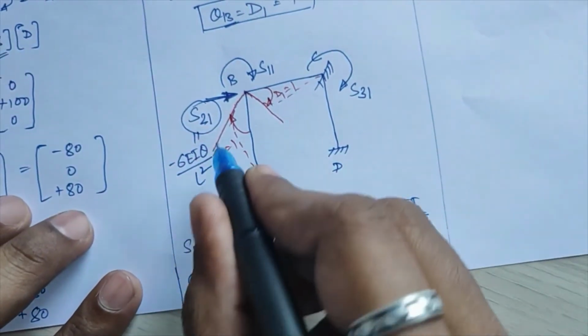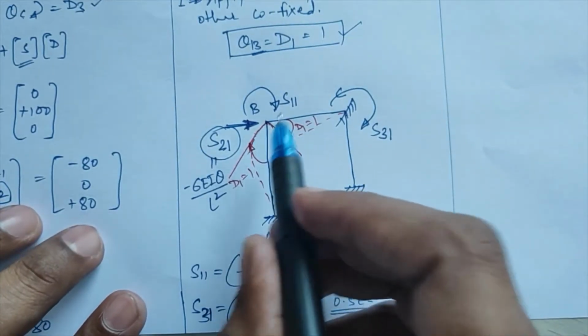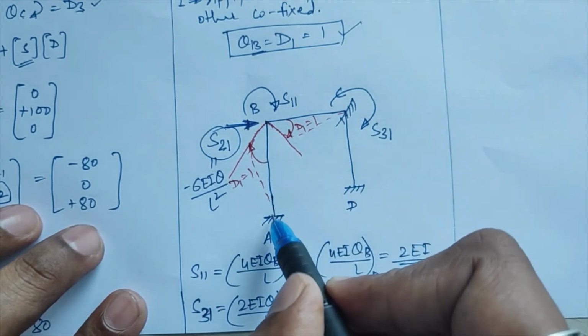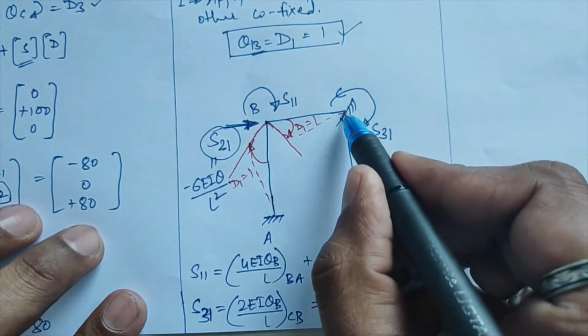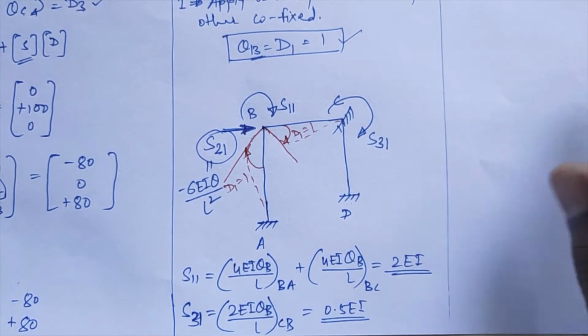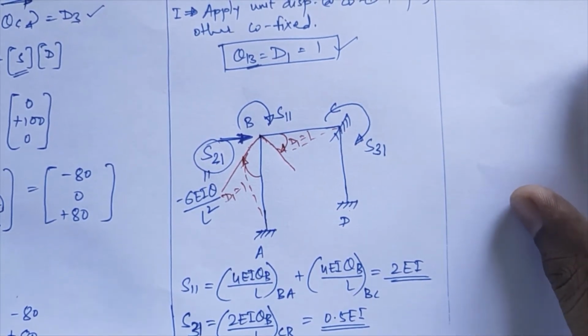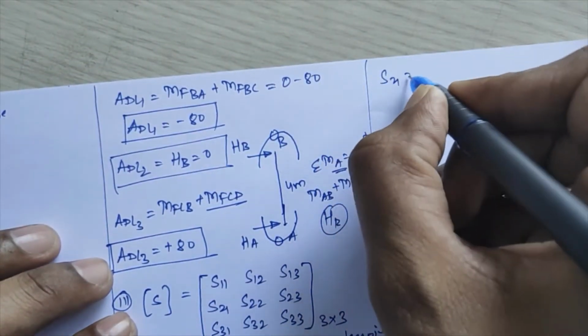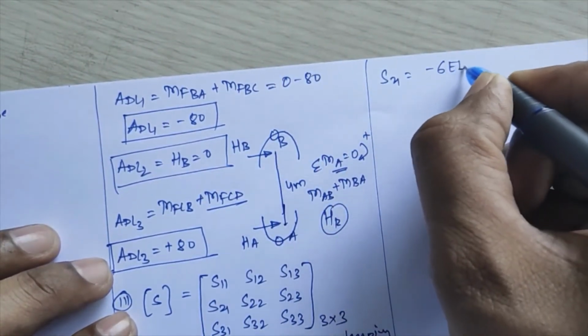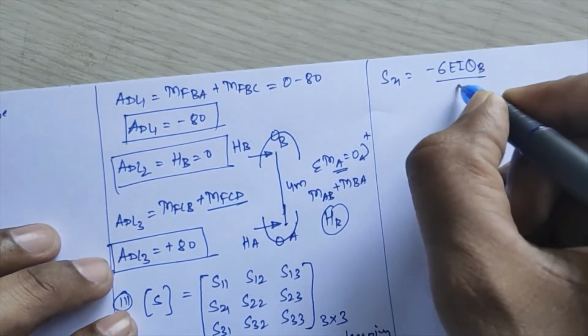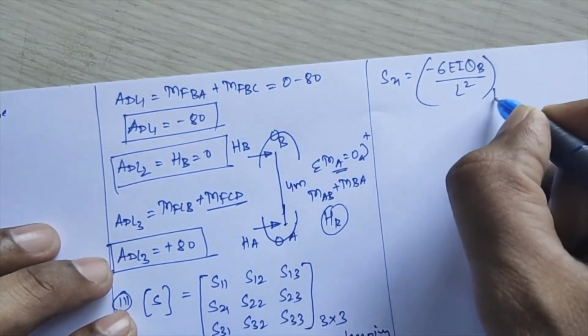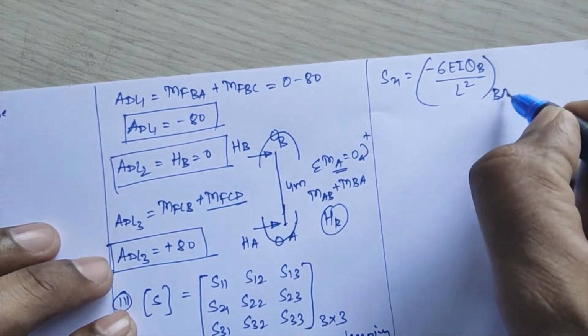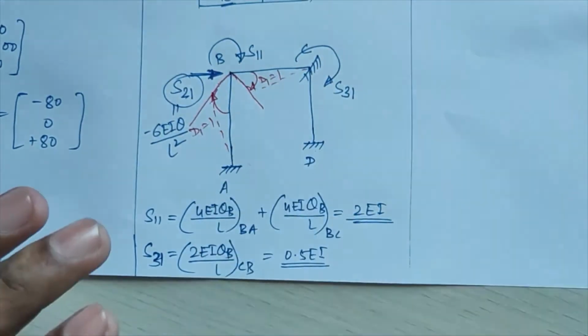If I calculate that S21, it will be the same for joint B for member BA and the same for joint C for member CD also. But CD is here completely restrained. So S21 will be equal to minus 6EI theta B upon L square, and that is for member BA, because you are calculating it only for BA.